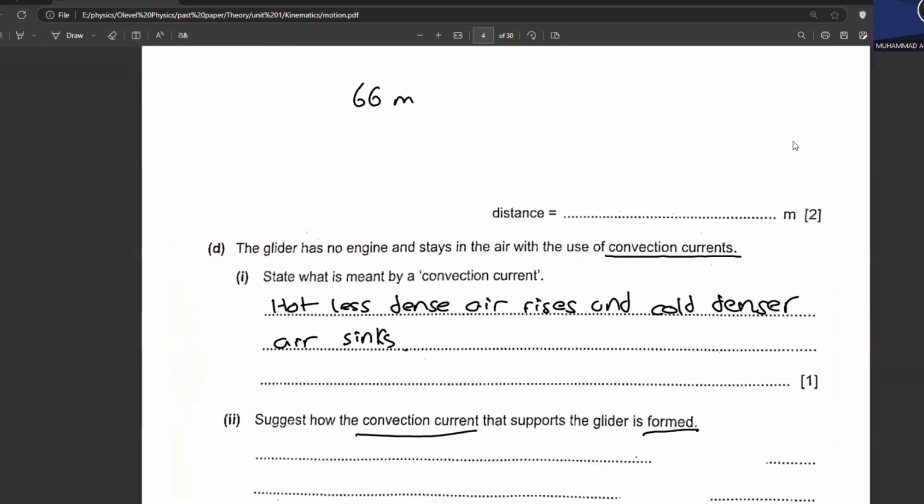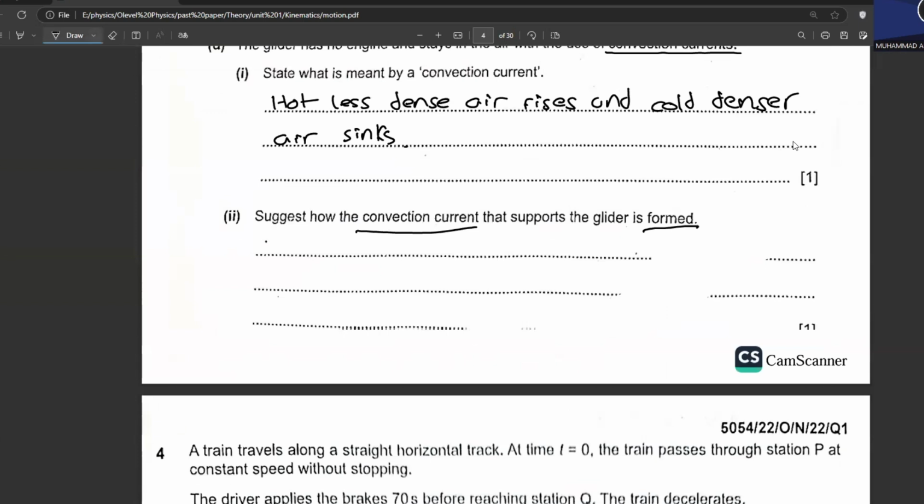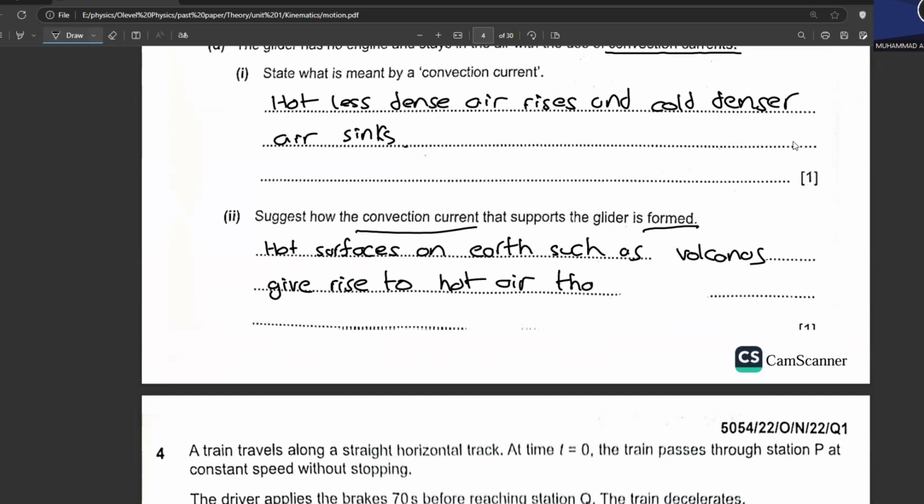You can say hot surfaces on earth, such as volcanoes, give rise to hot air that rises to the top. Simple as that. Let's move on to the next question.